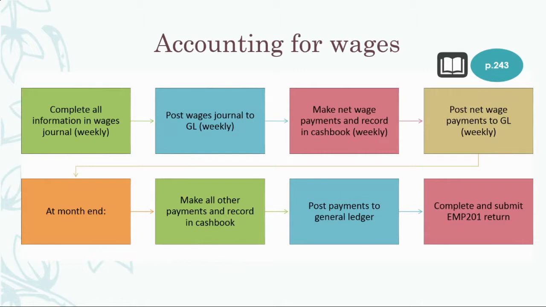And then you would pay it and you would also post it to your general ledger. And then at the end of the month, you would normally record your EMP 201 as opposed to weekly basis. You still do it on a monthly basis. So we only submit the totals to SARS once a month. Okay, so that is basically the main differences between the two.